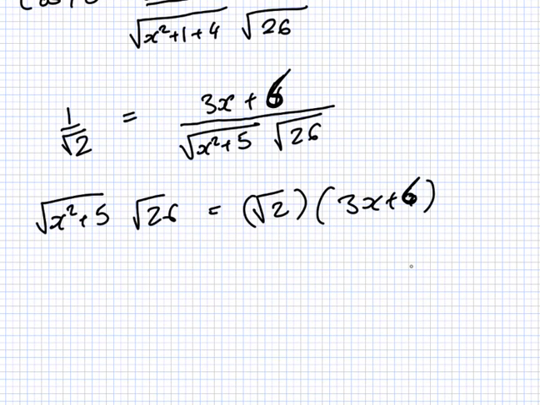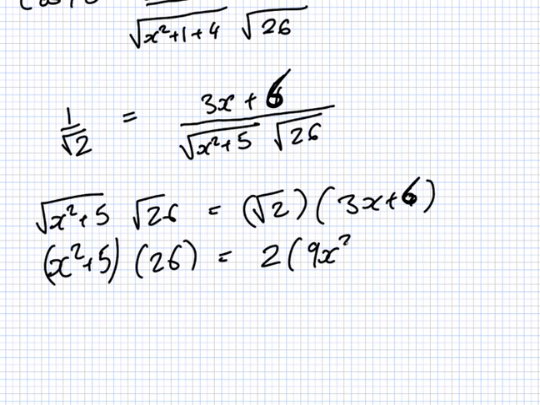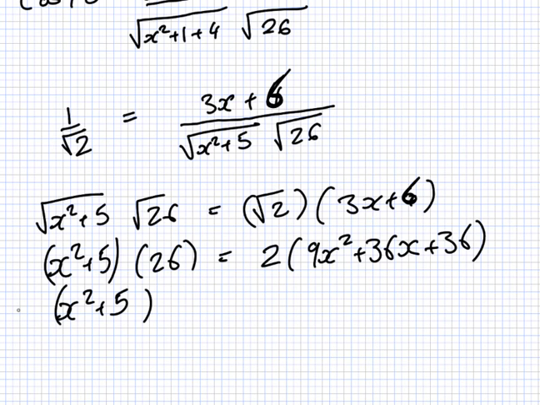Now I'll square everything. So I then get x squared plus 5 times 26 equals 2 times 9x squared plus 36x plus 36. So I get x squared plus 5 times 13 equals 9x squared plus 36x plus 36.